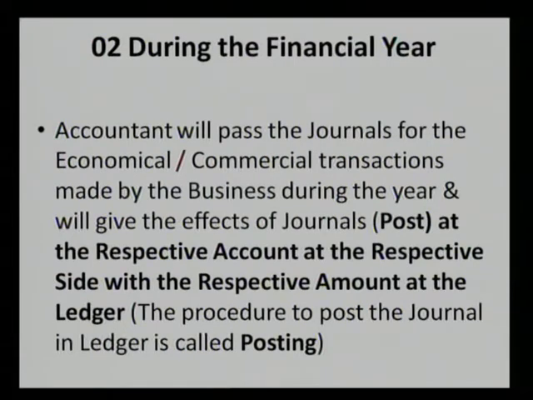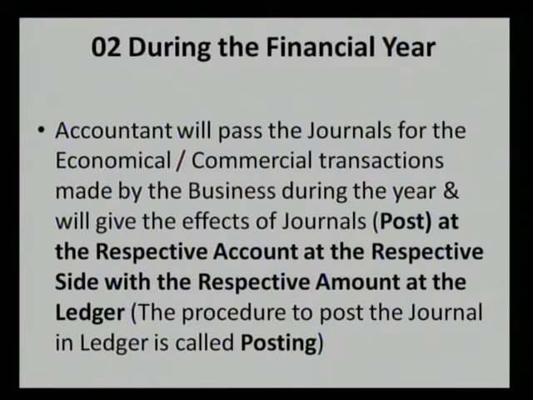We have completed the procedure 1 related with the ledger accounts. Now procedure 2, that during the financial year, accountant will pass the journals or the accounting entries for each and every economical or the commercial transactions made by the business entity during the year, and will give the effect of journals, which is known as posting.